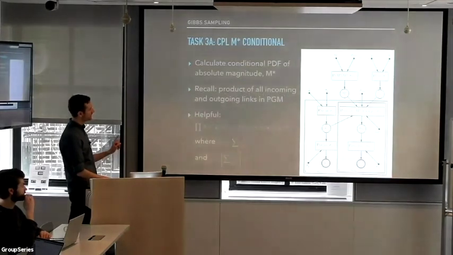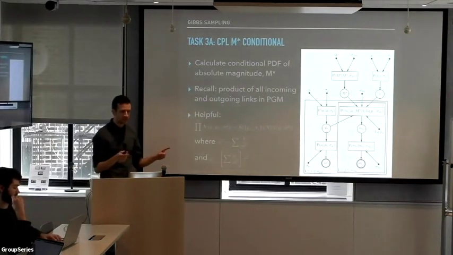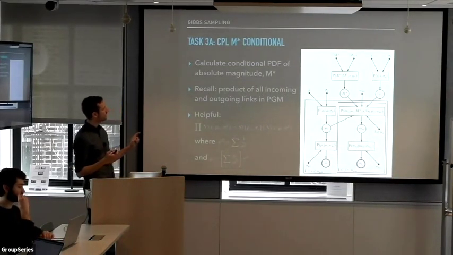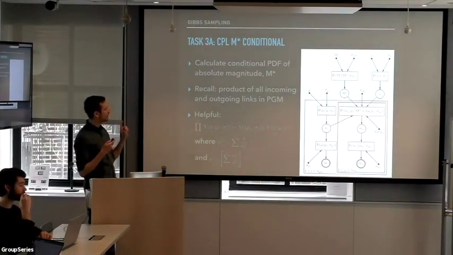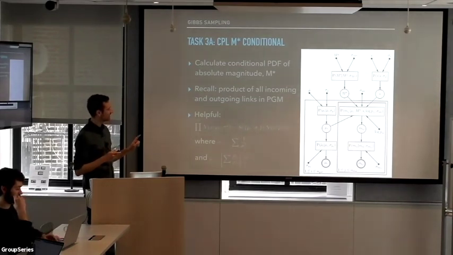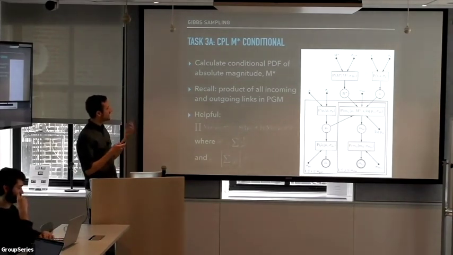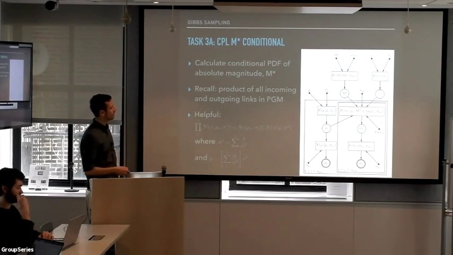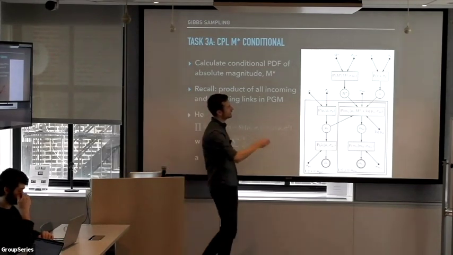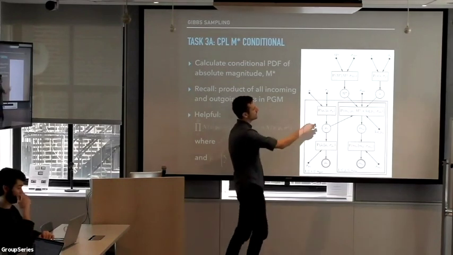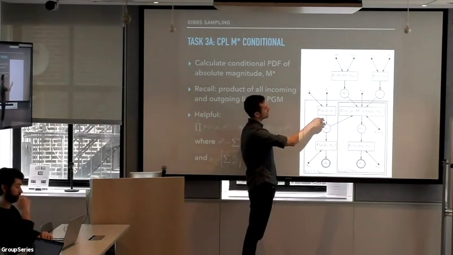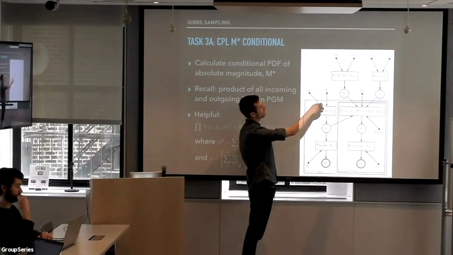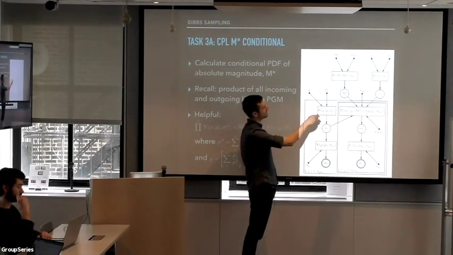Okay, so this is the next task. What I want you to do, and maybe it's worth just us going through this together. The original task was to write down the conditional PDF of this parameter here, okay? And so from this network diagram, what we know is that the conditional distribution only depends on the incoming probabilities and the outgoing probabilities.